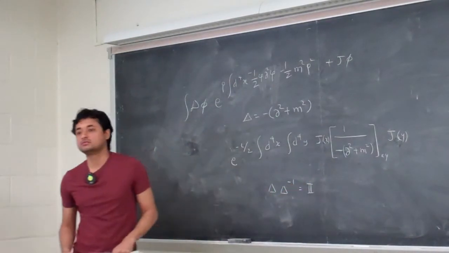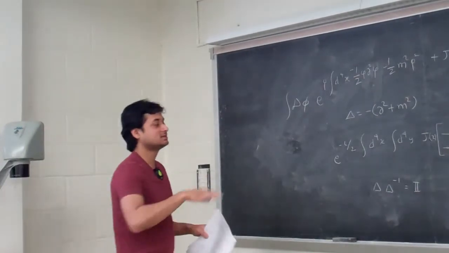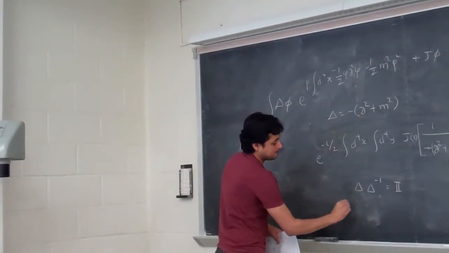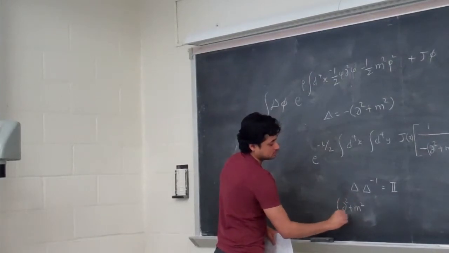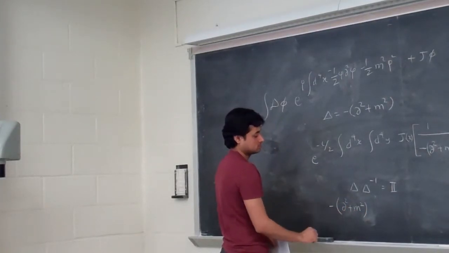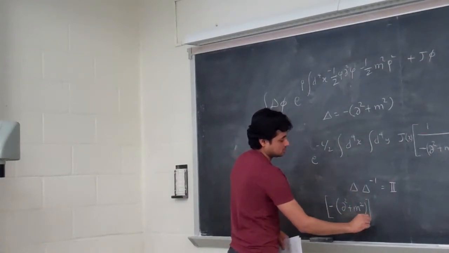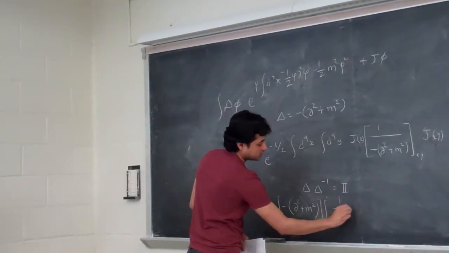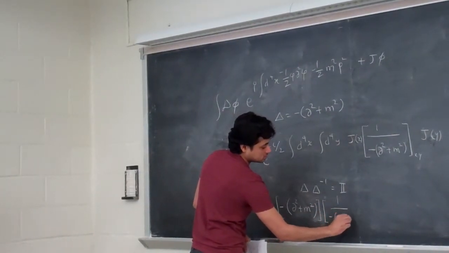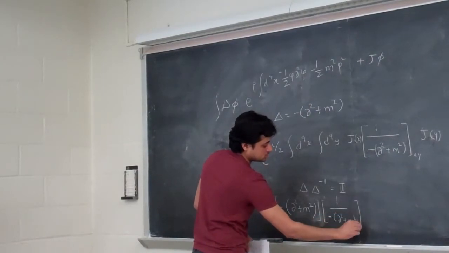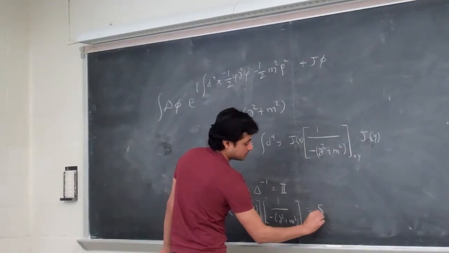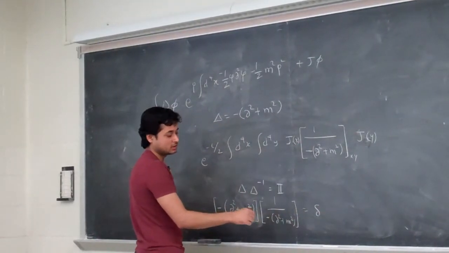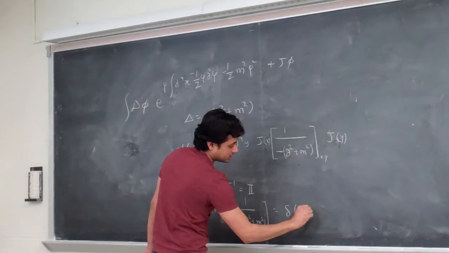This is what you know from matrices. The generalization here is that some differential operator times the inverse of that differential operator, which I am writing by 1 over that, should become delta of x minus y.